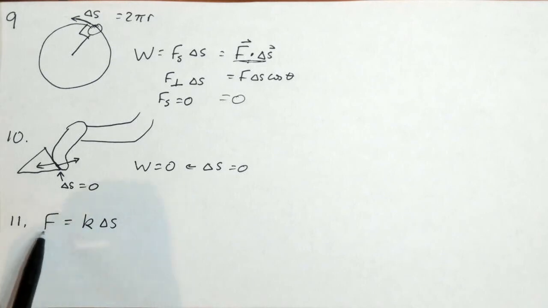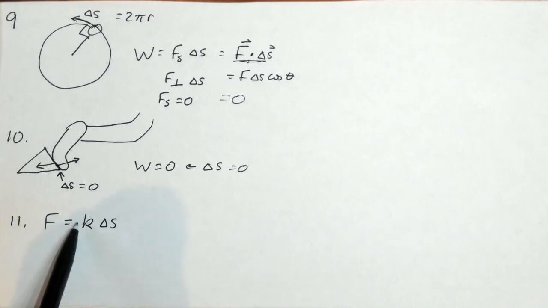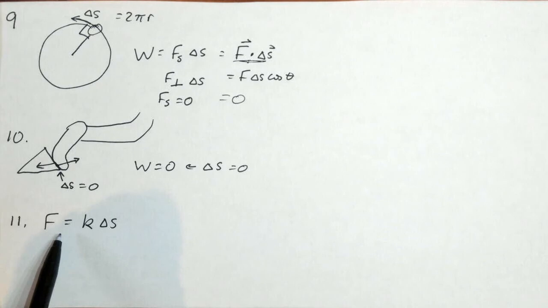K is the spring constant, and F is the force of the spring. Now, there's technically a negative sign here if I wanted to put vectors. The negative sign just means it's a restoring force. If I pull on the spring, the spring pulls back. If I push on the spring, it pushes back. So that's what the minus sign means. So we're just going to look at magnitudes here.